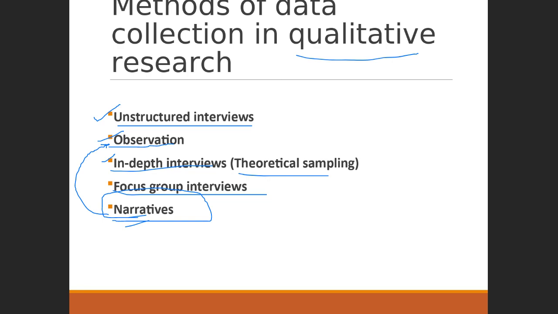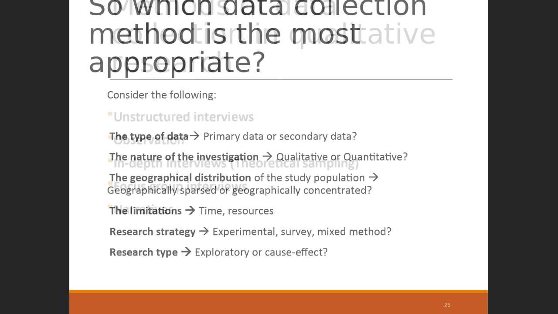For example, you may want to find out about the impact of workplace harassment or workplace abuse on people who have gone through that experience. So you as a researcher ask these people to narrate their experiences and how they have been affected by these experiences. So narratives can also be one of the ways to collect qualitative research data. Okay, so these are the methods of collecting data for qualitative research purposes.